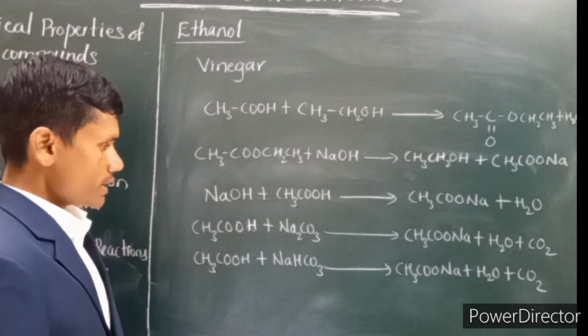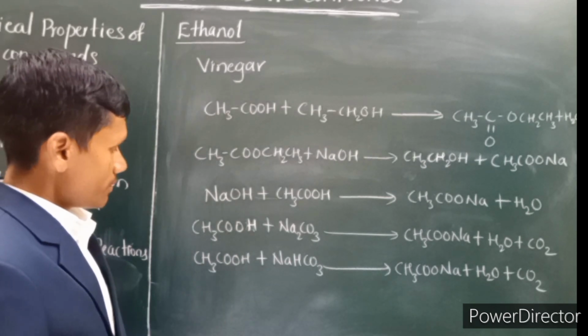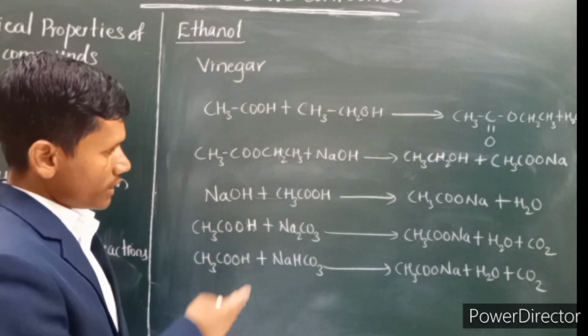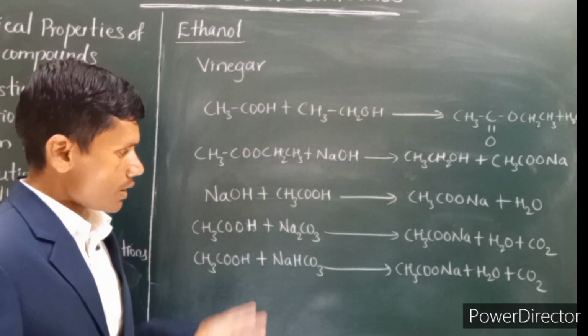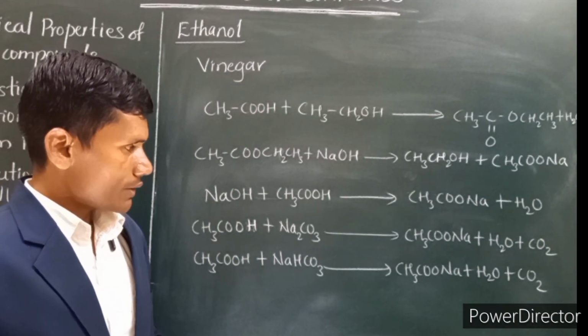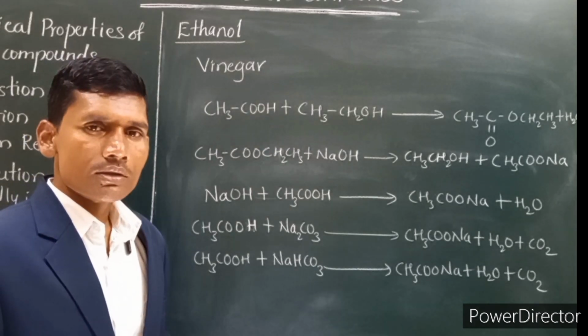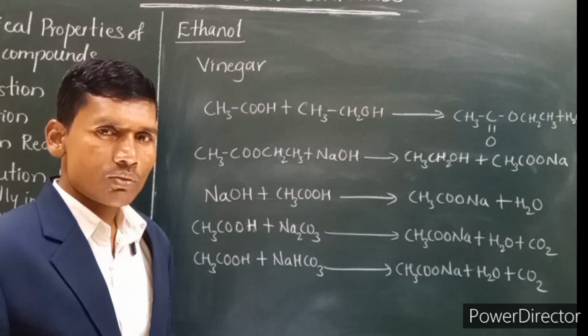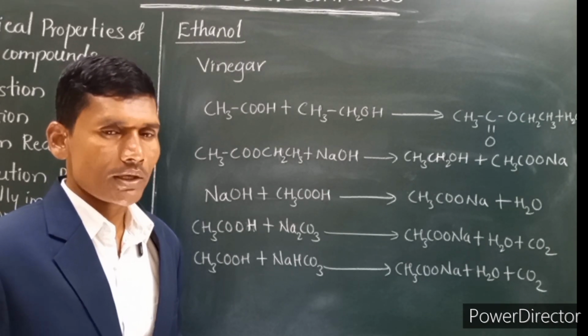So these are just the reactions of ethanoic acid with different compounds that we have taken so far. Now we will go ahead with soaps and detergents. What are soaps and what are detergents? That we need to learn.